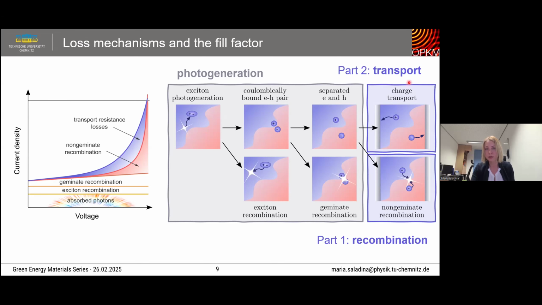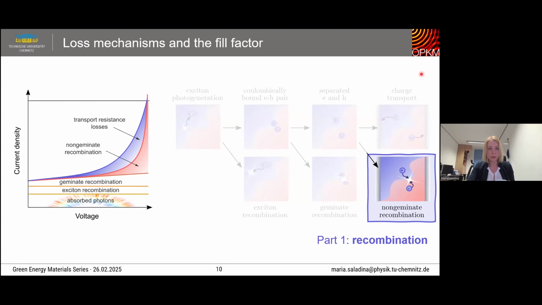These are recombination and charge transport. Starting from recombination, I will introduce the work which uses the diode ideality factor, or recombination ideality factor as we call it, to finally find the density of states of organic semiconductors.